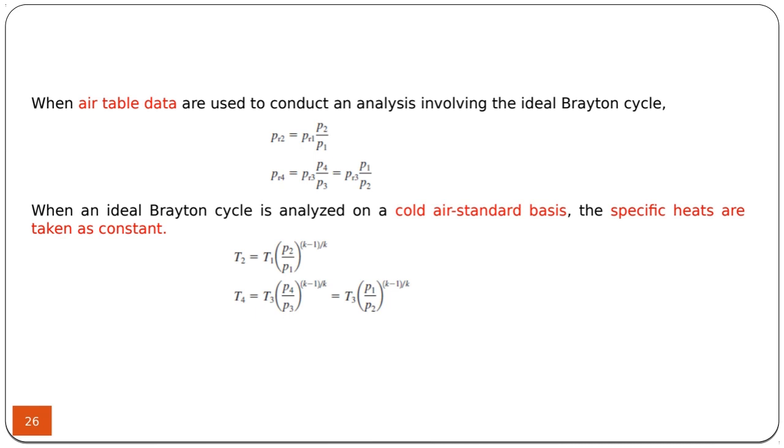Because it's an air standard cycle, we will be using the air table. In compression, because it's an isentropic compression, we can use the air table. And for expansion, it's also isentropic expansion. We can still use the tables.